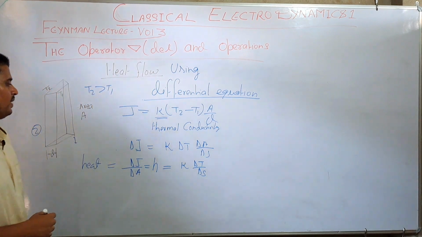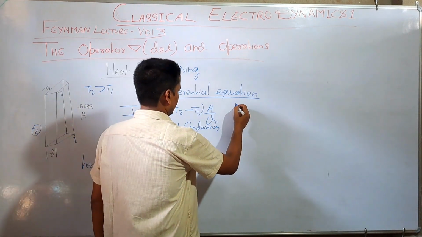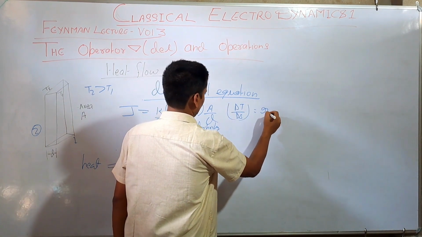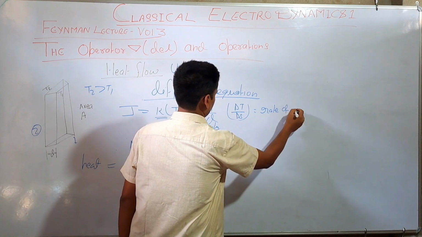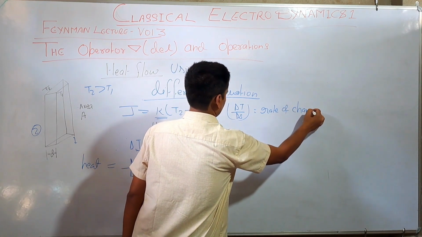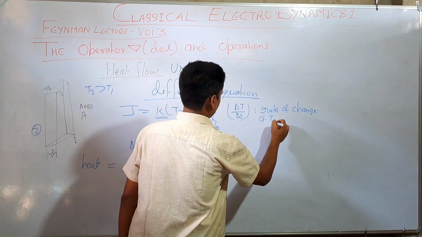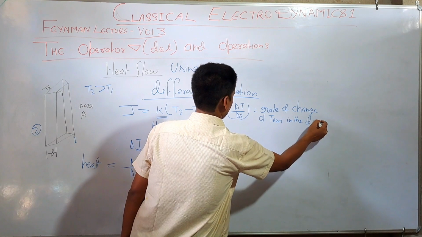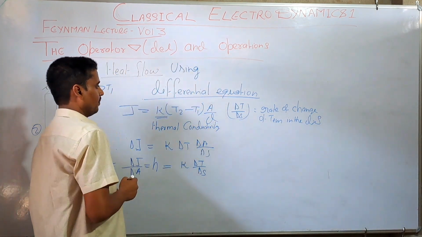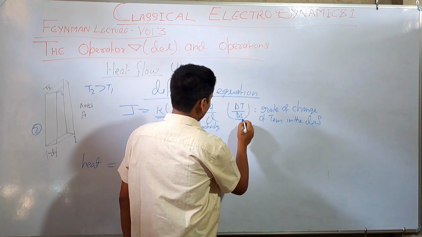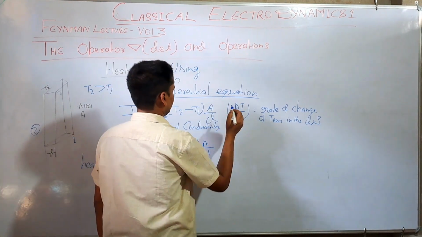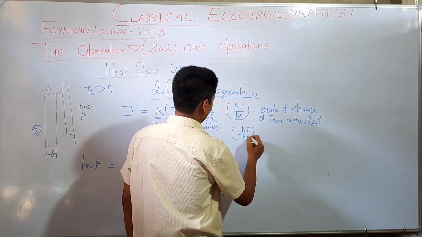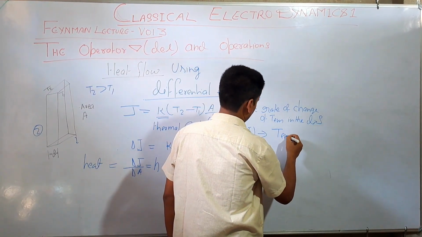Now what is delta T by delta S? Delta T by delta S is the rate of change of temperature in the direction S, but delta S is perpendicular to the temperature surface.